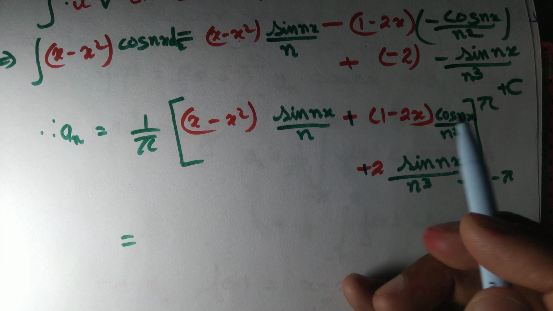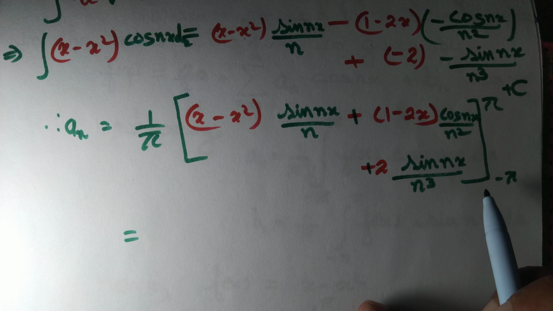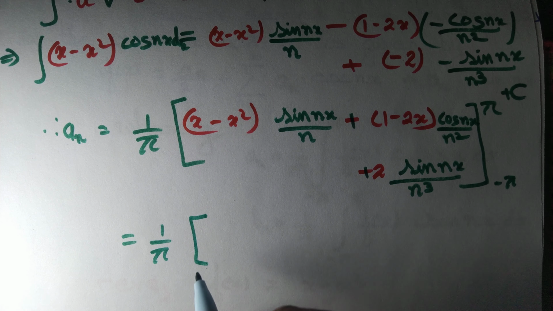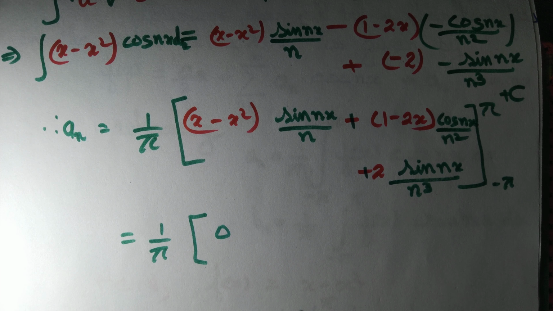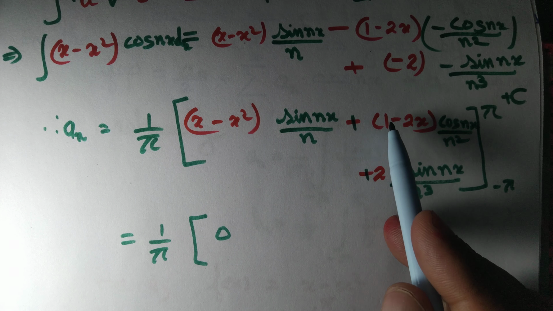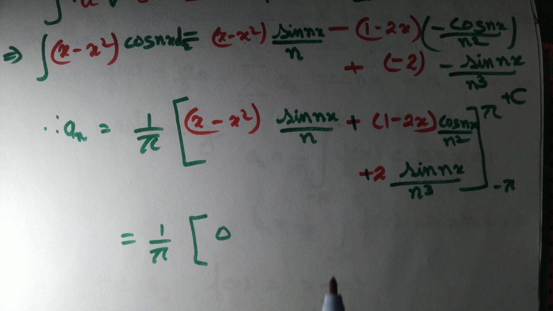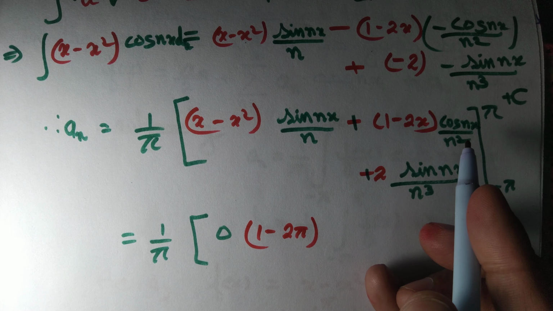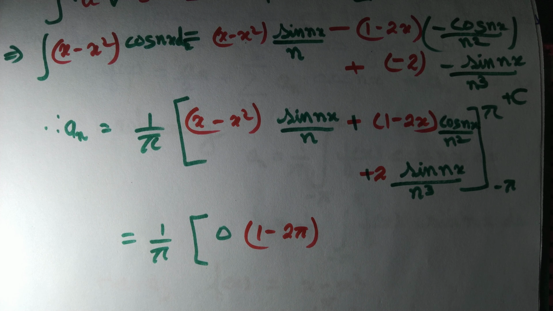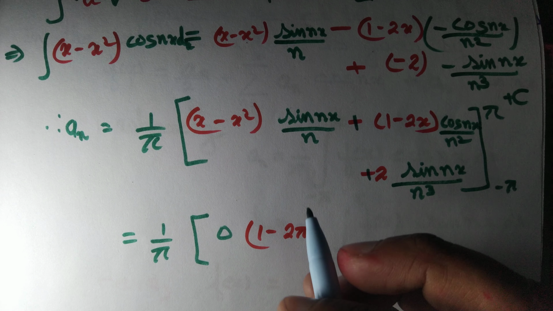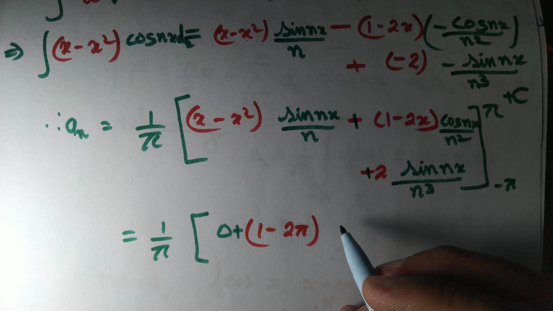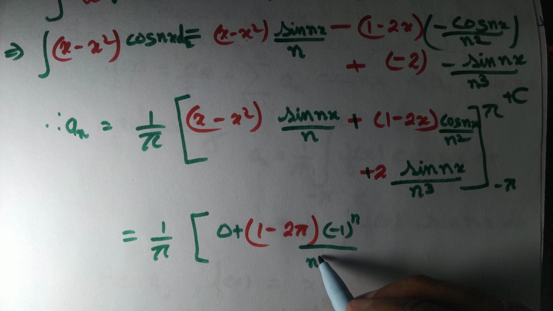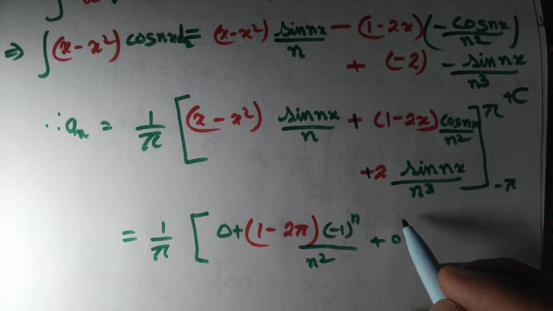Observe that sin nπ is 0 and sin of −nπ is also 0. So when you write the upper limit, you get sin nπ equal to 0. When you write the upper limit, you have 1 − 2π, cos nπ is equal to (−1)ⁿ, 0 plus cos nπ is (−1)ⁿ / n². sin nπ is 0.